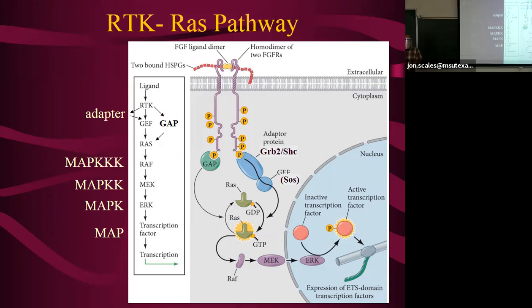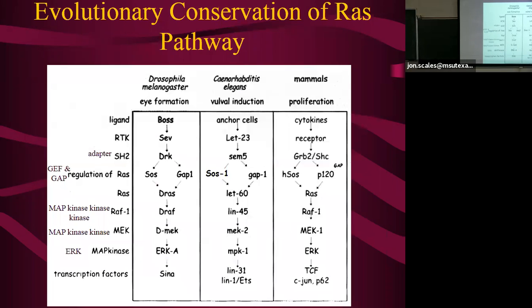Some of the examples of places during embryology where this receptor pathway is used are shown here. In 3 different systems: in fruit flies, a lot of the basic players were identified looking at how photoreceptors in the eye develop.